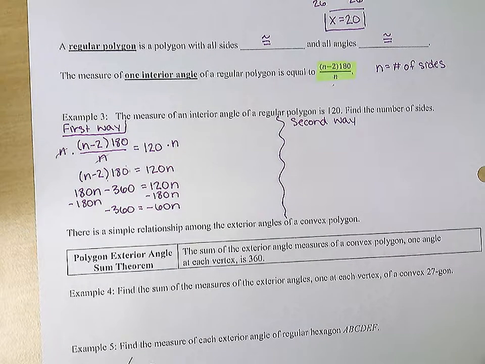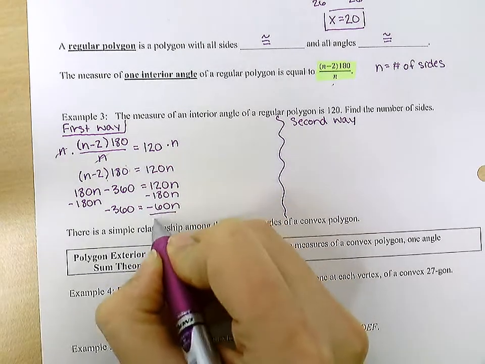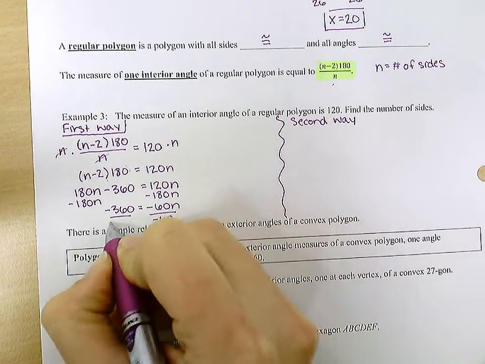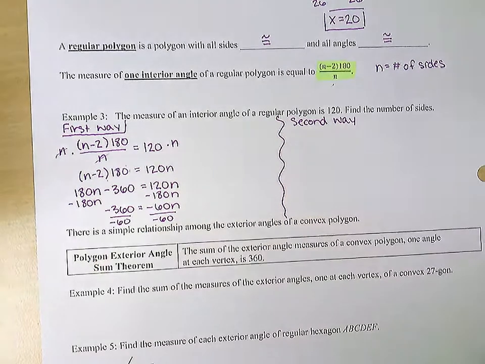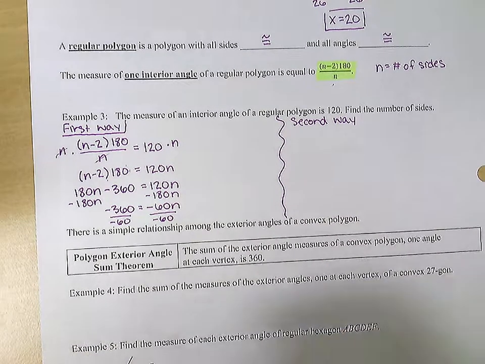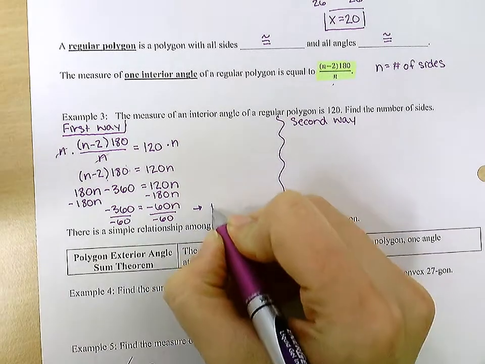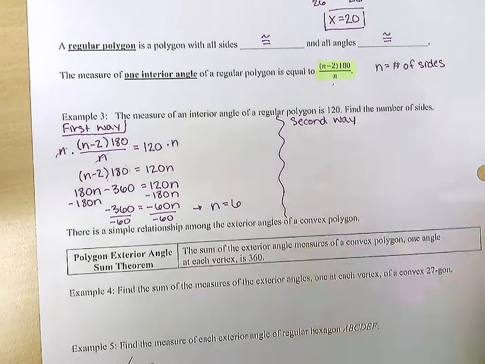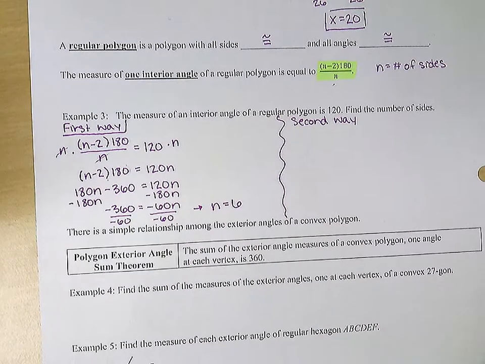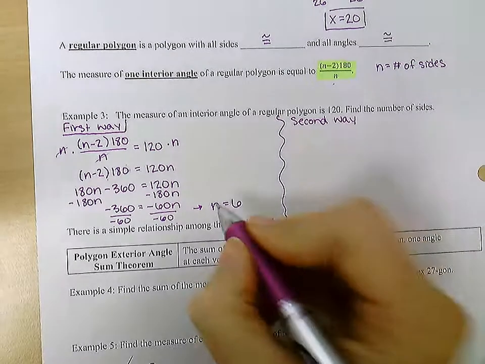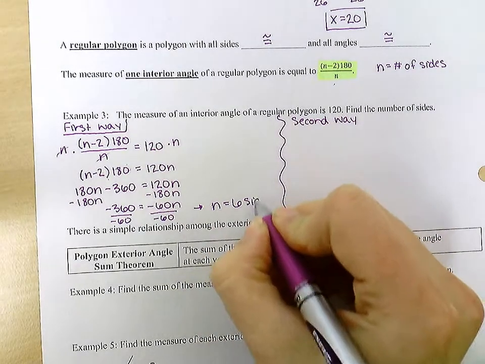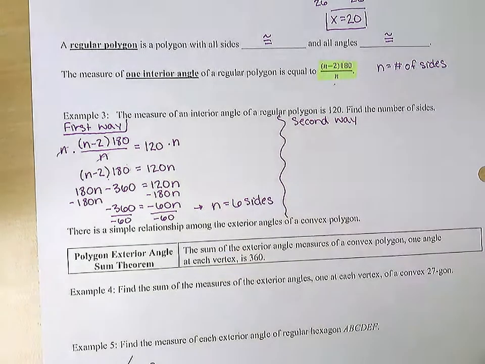Okay, then to finish getting n by itself, we would just divide both sides by negative 60. And I have a negative divided by a negative, so it is positive. To get n is equal to 6. Okay, so you have 6 sides to that polygon.